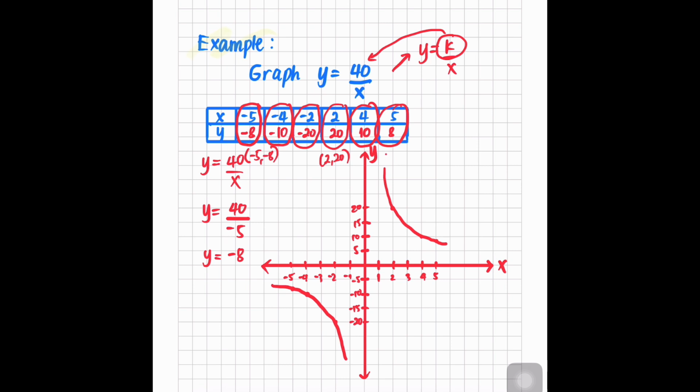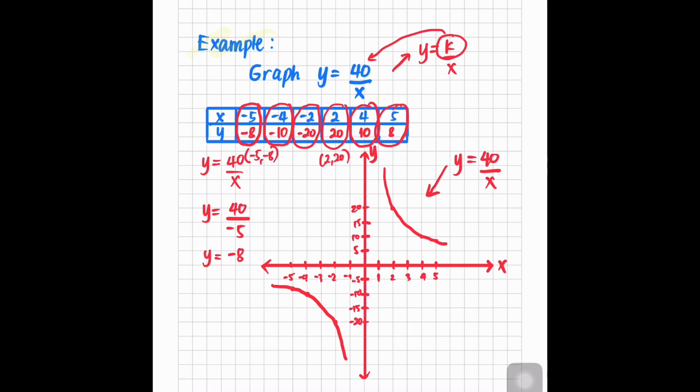If we continue the table, definitely the graph will extend all the way here, here, here, and here. So this is the graph of the given equation y equals 40 divided by x.